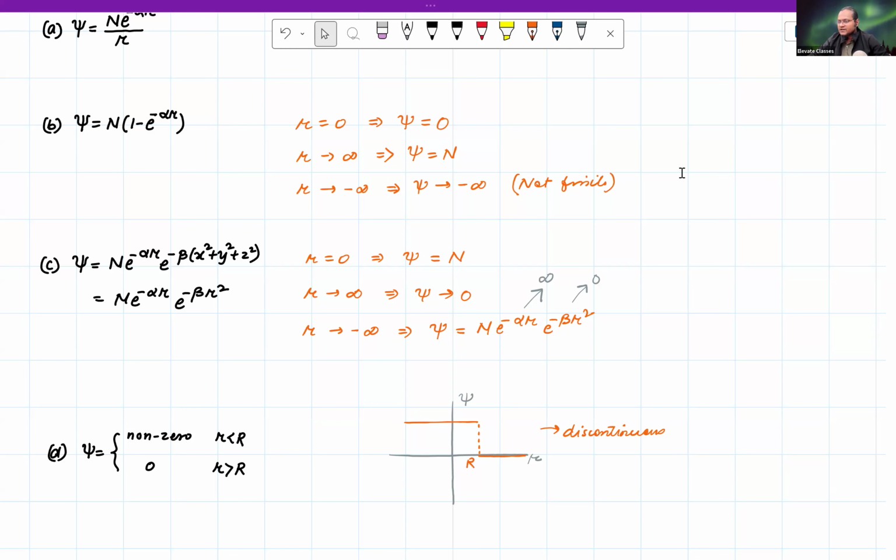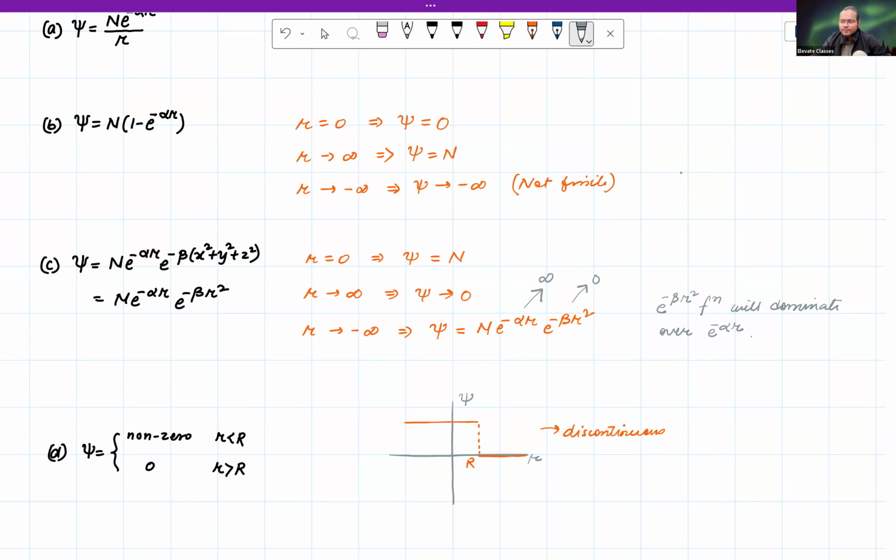You can think of it like this: which function will dominate here. And of course, e to the power minus beta r square function will dominate over e to the power minus alpha r function. Why?